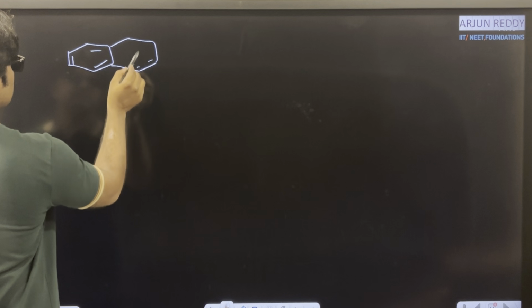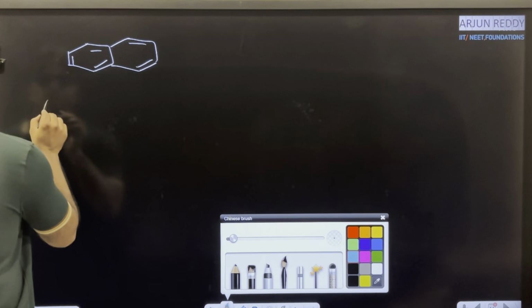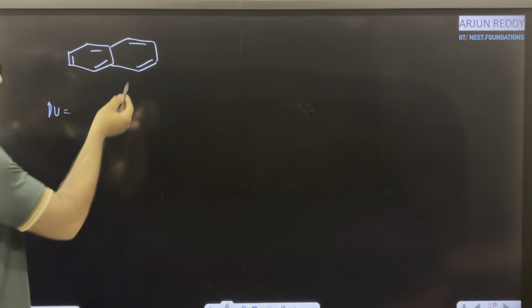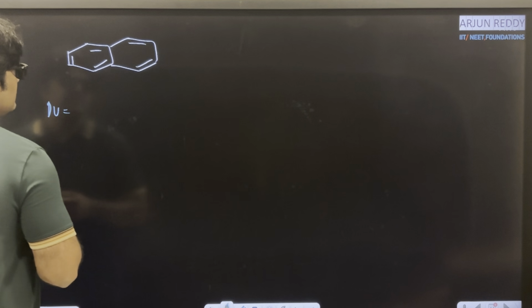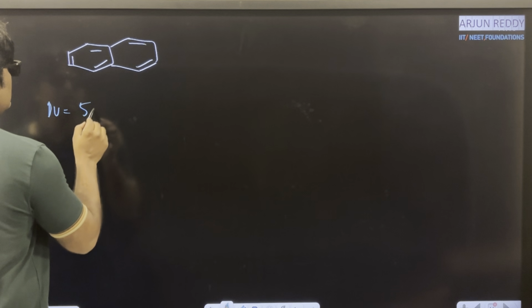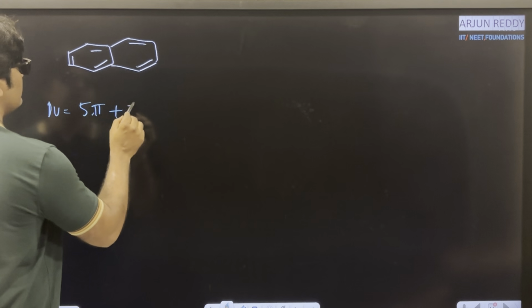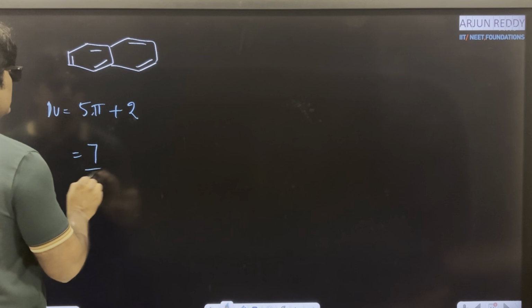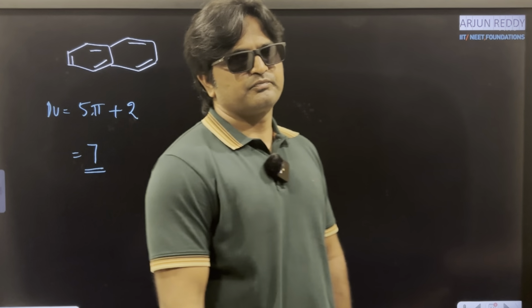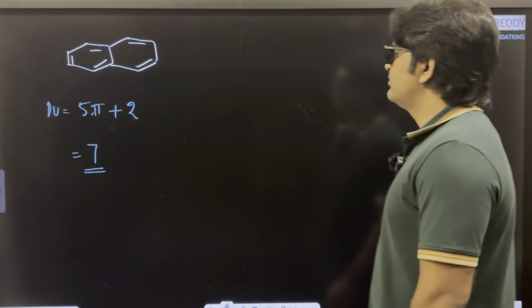The naphthalene molecule is given. Then what is the degree of unsaturation? To calculate it, directly find the number of pi bonds and rings. How many pi bonds? 5 pi bonds, plus how many rings? 2 rings. Then the degree of unsaturation is 7. That is a very convenient formula, right?